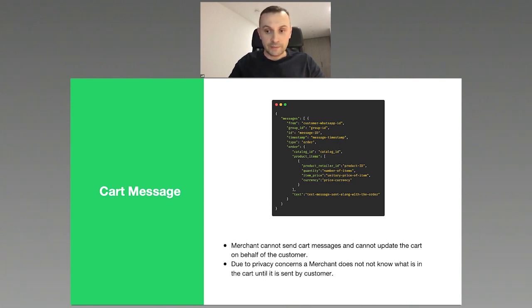The merchant can see items added to the cart, but the merchant is not able to see items before the cart is sent to the merchant. And also, the merchant is not able to send cart messages to customers or update the cart on behalf of a customer. This is because of privacy concerns.